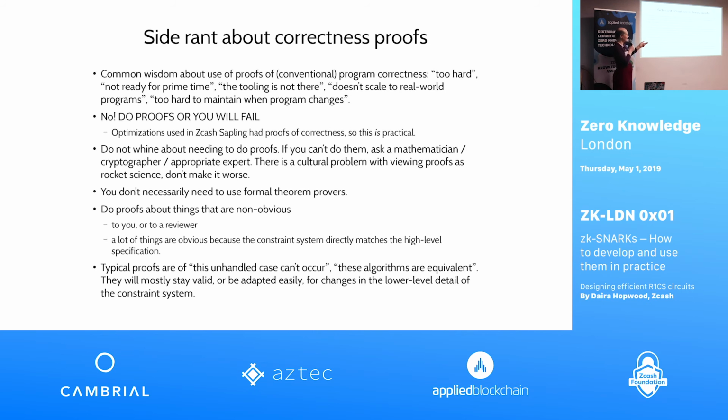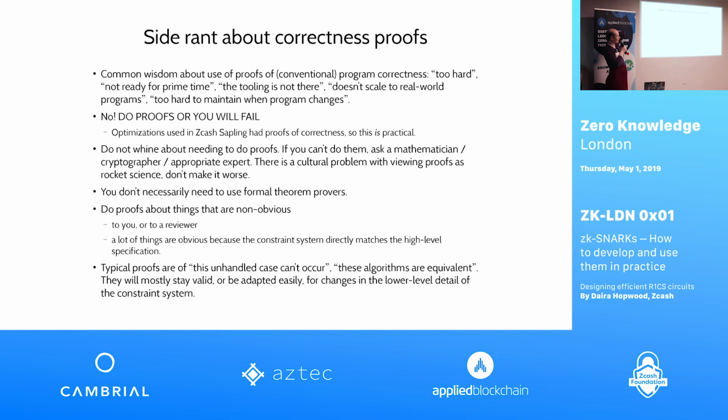You absolutely need to do that, because you will make mistakes if you don't. I'm not saying that you necessarily need to use formal theorem provers, because there's quite a steep learning curve for those. But if you just do the proofs by hand, that's actually fine in practice.